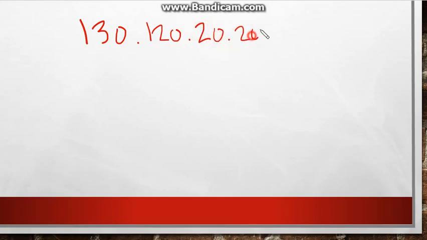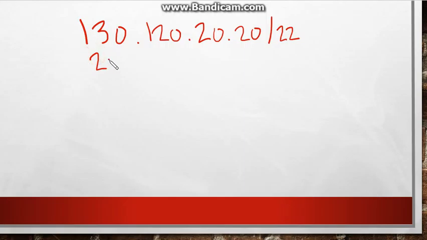The steps that we take for Class C, we do the same thing with Class B. We just may be in a different octet. So if we were given the example 130.120.20.20 with a slash 22, what does that 22 mean?